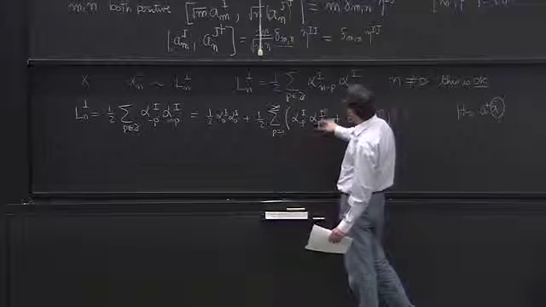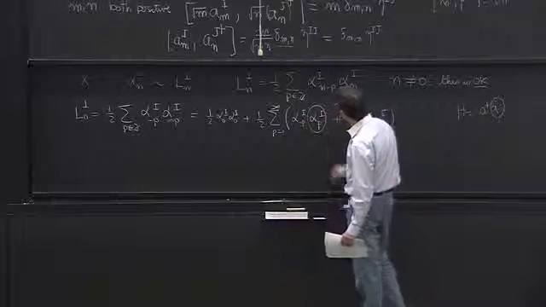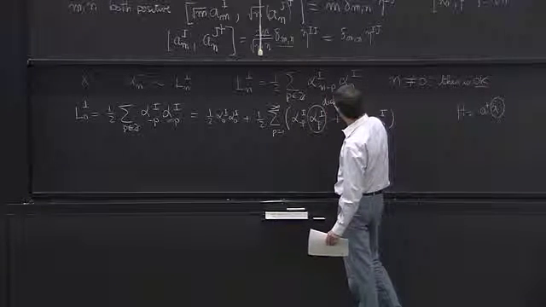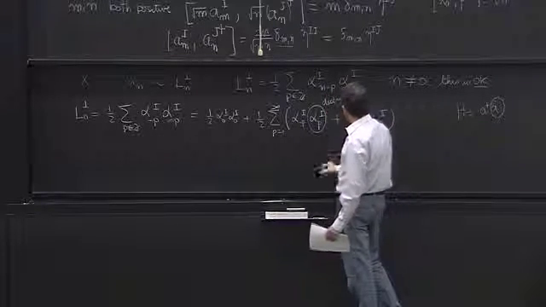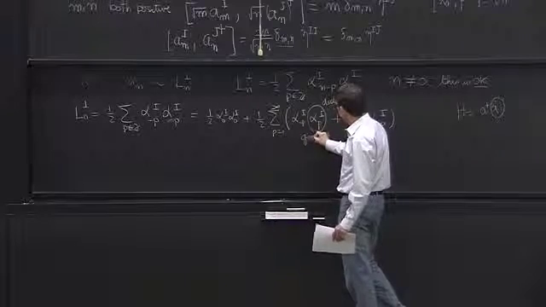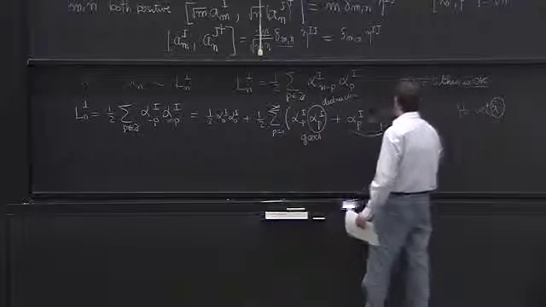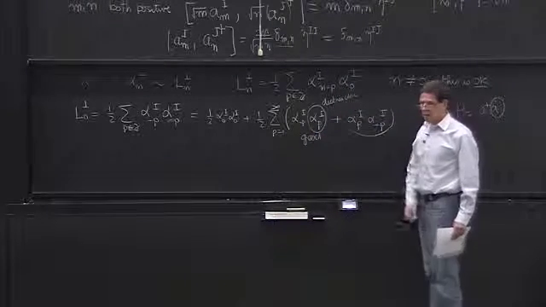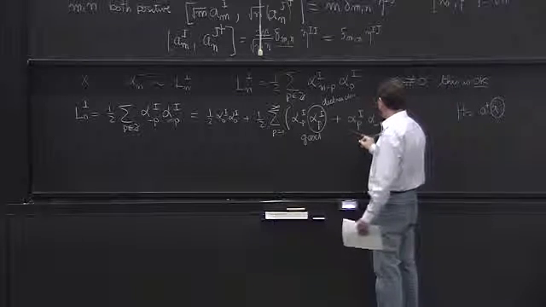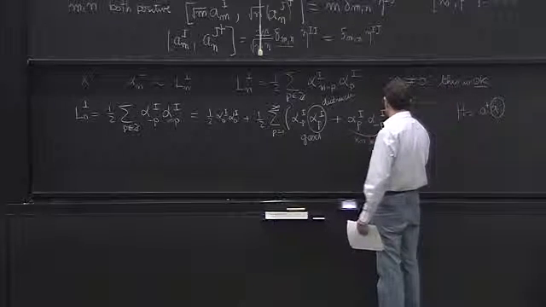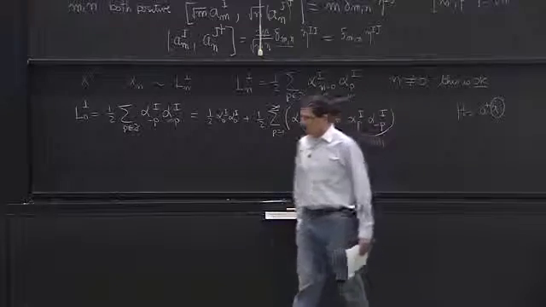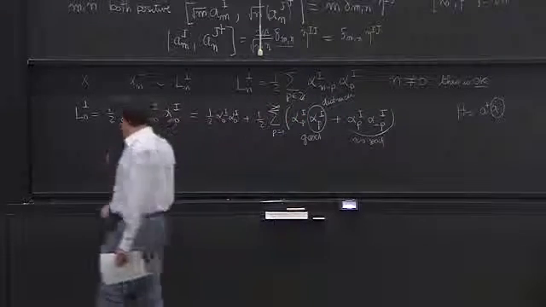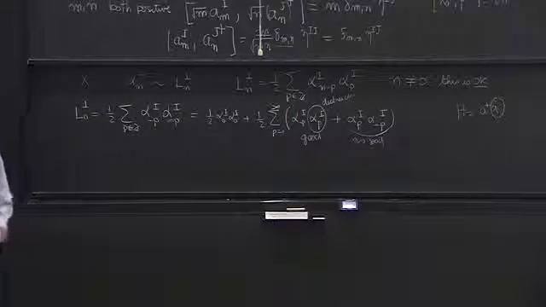Now, with p positive, this is destruction, so this is good. And this is destruction-creation, so this is no good. So we're facing a real difficulty with L0.